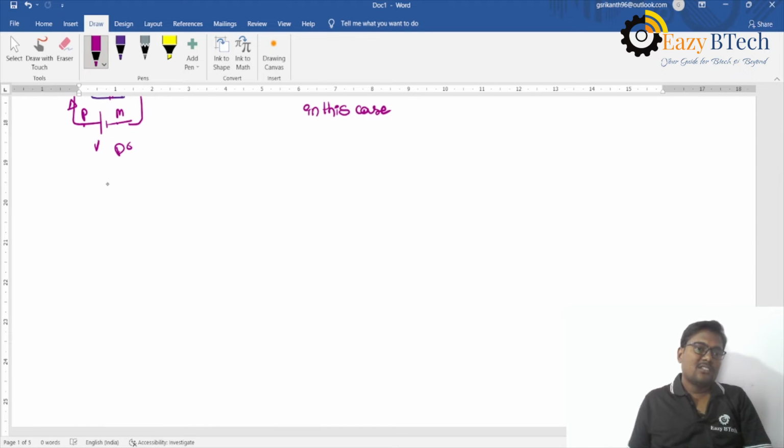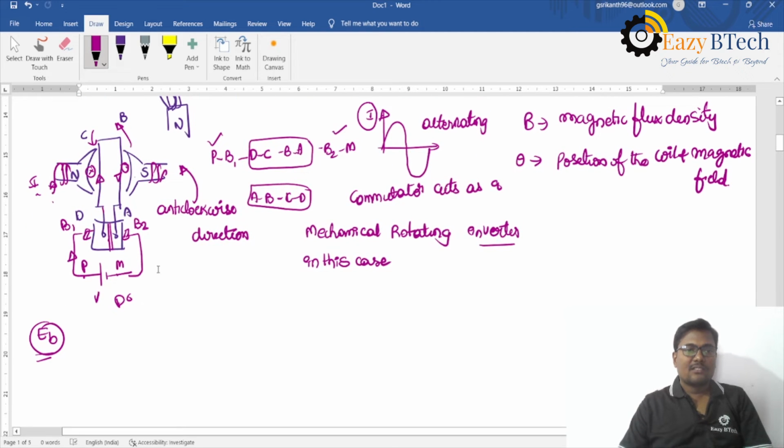With this rotation, a cutting action takes place, and EMF is induced in a conductor.